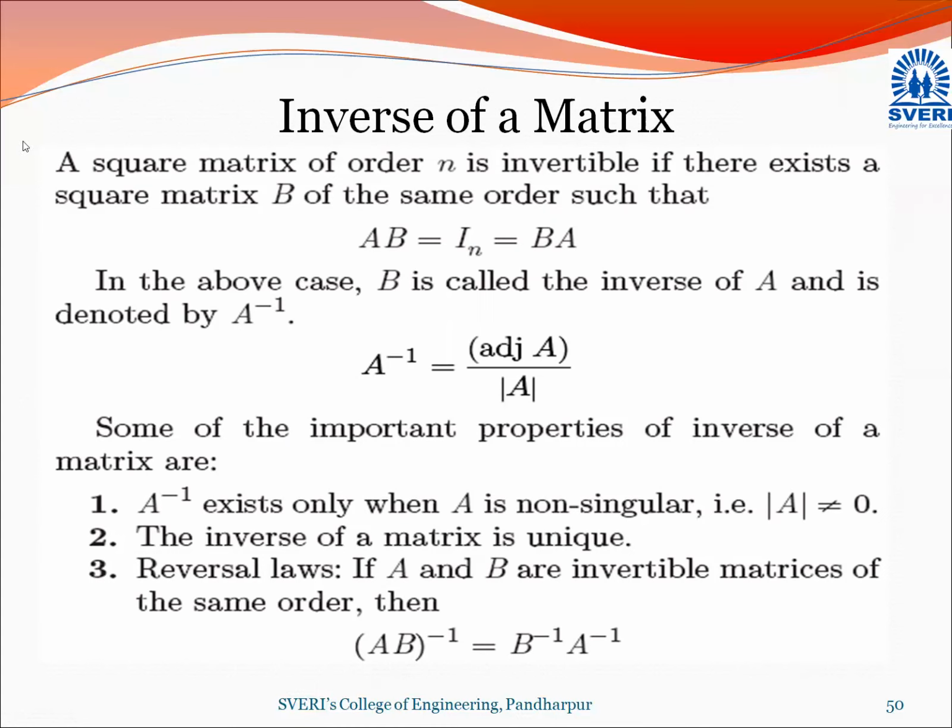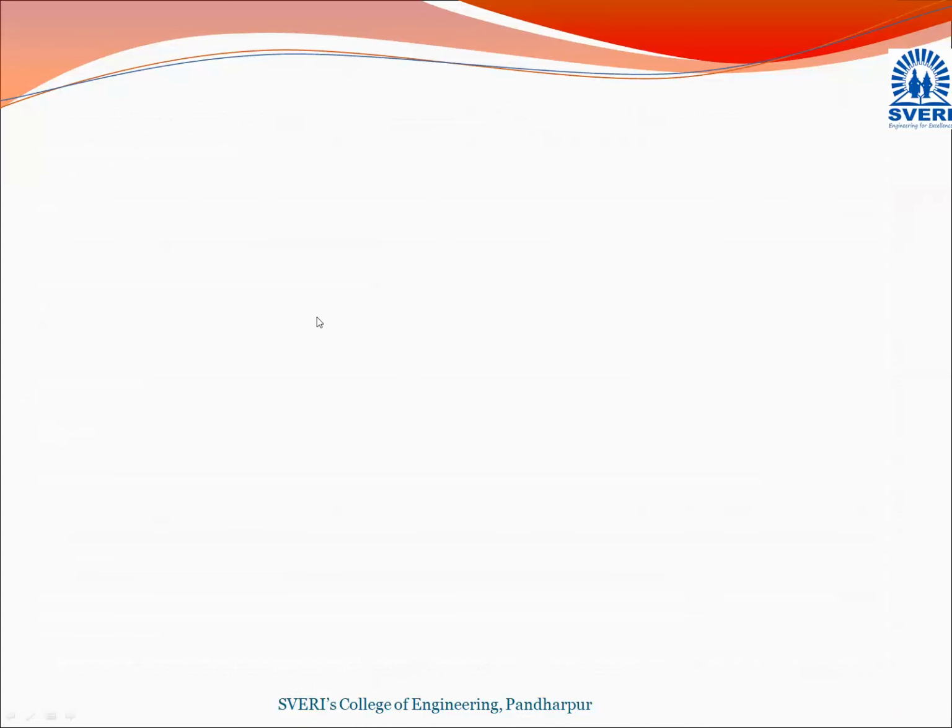Now next property: (B inverse into A inverse) inverse is equal to (A inverse) inverse into (B inverse) inverse, which is equal to A into B. So many times we have solved such examples by using the regular method.